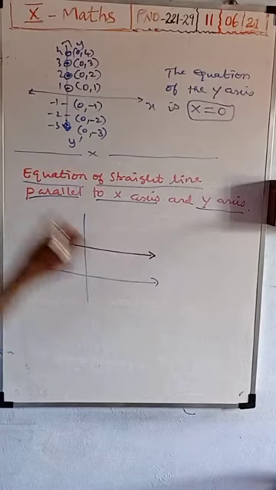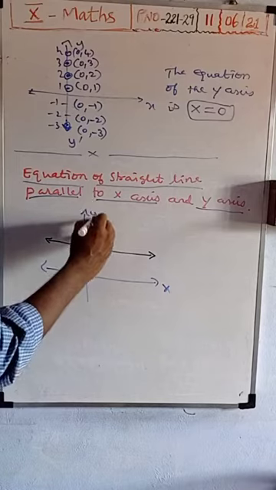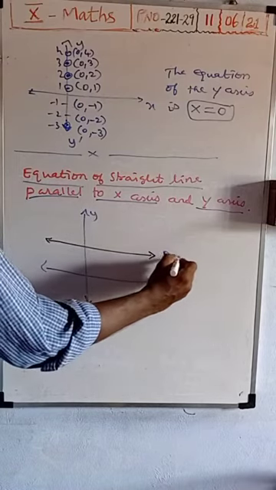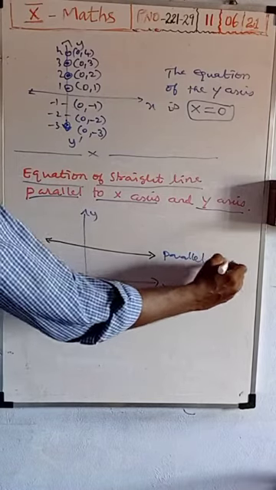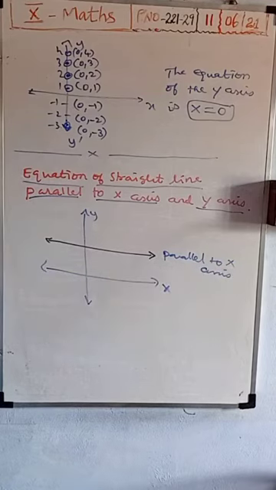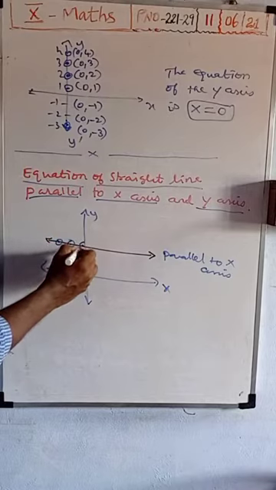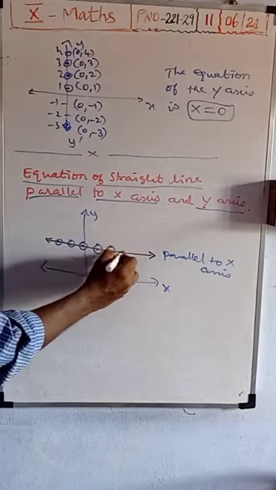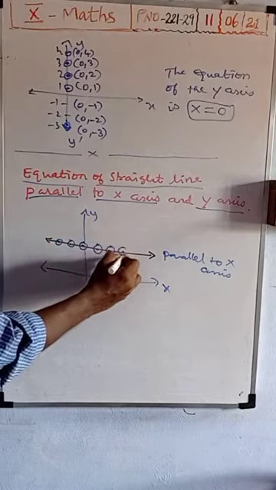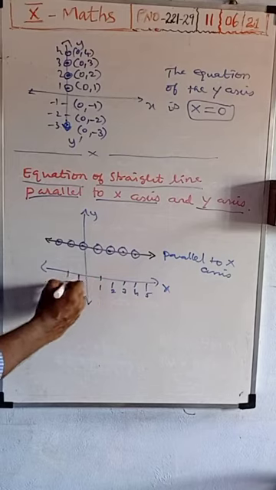This is the x axis, this is the y axis. This line is parallel to the x axis. What is its equation? Take the points on it: on the x axis 1, 2, 3, 4, and on the negative side -1, -2, -3.